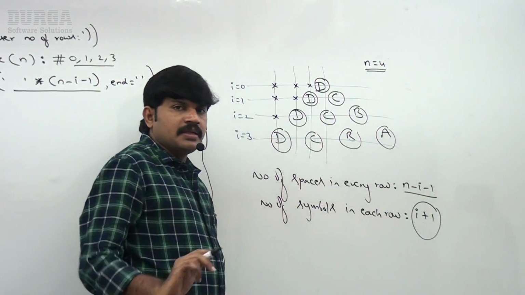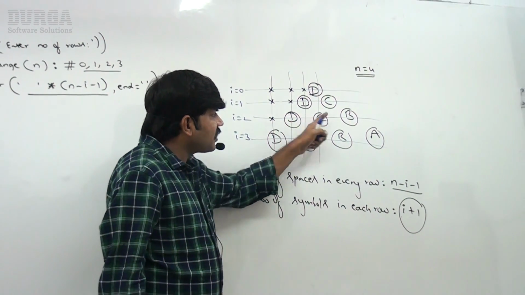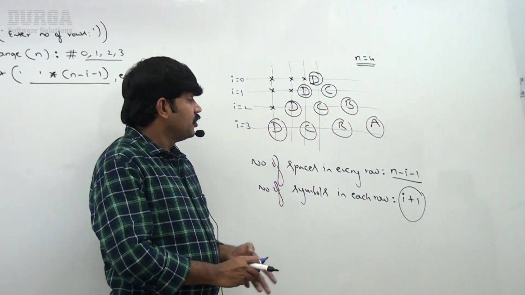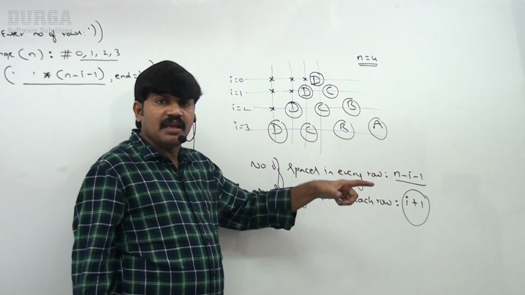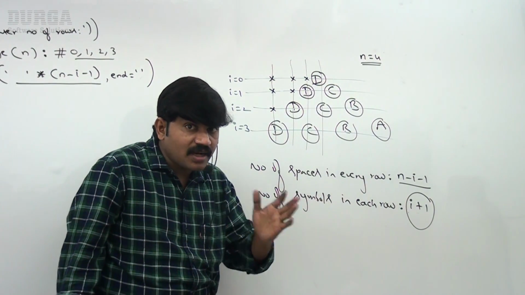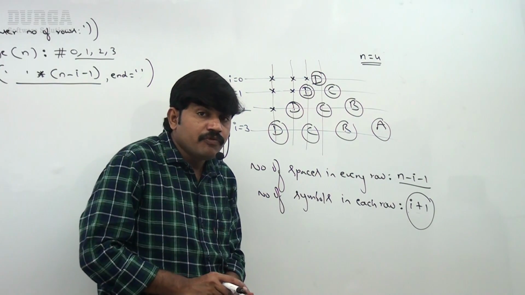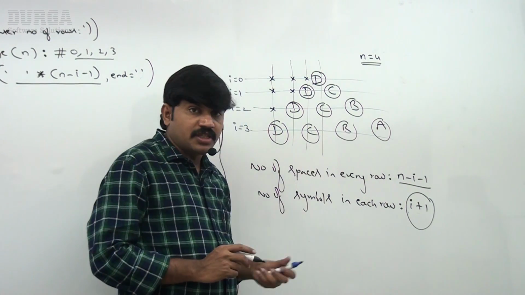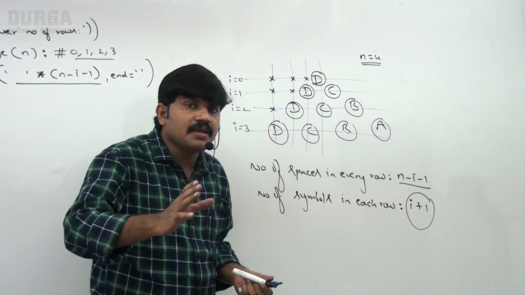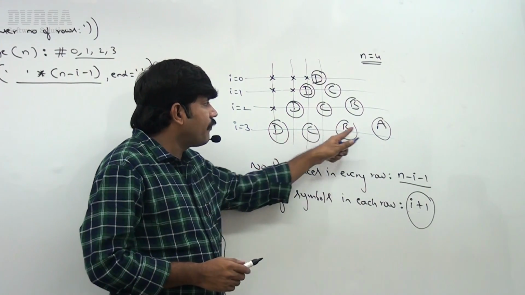Next, are these symbols fixed or do they keep on changing? Yes, changing: D, C, B, A. Within the row, it is not a fixed symbol. If it keeps changing within the row, compulsory you have to go for a nested loop.